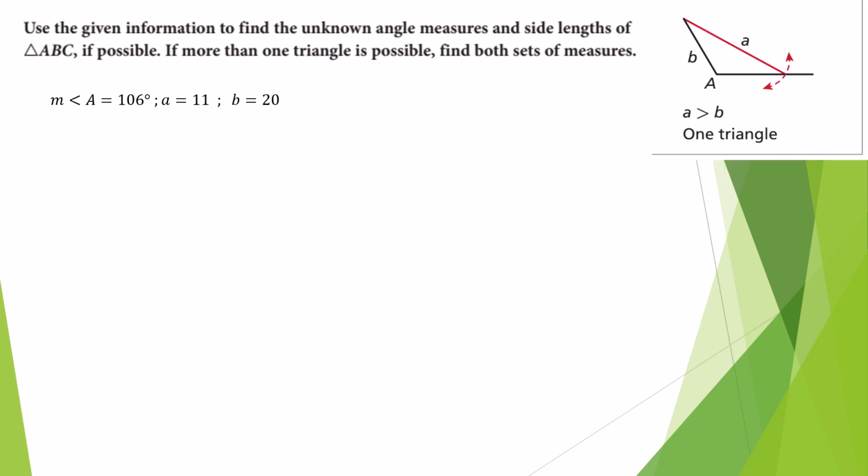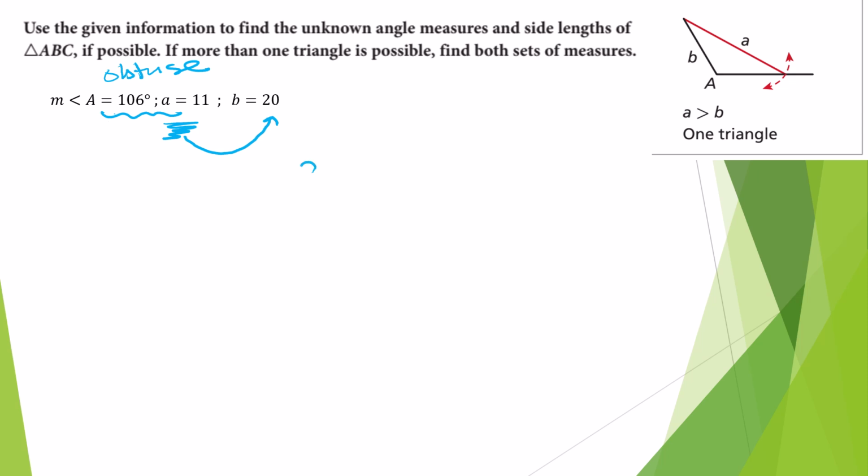Let's make one more. So the angle is 106, which means that it is obtuse. If it is obtuse, the side should be bigger than the other side. Remember that this A should be bigger than the B if the angle is obtuse. Otherwise, we will not be able to make the triangle.